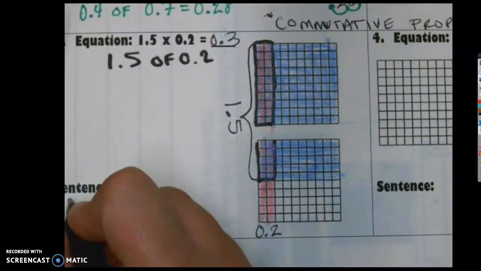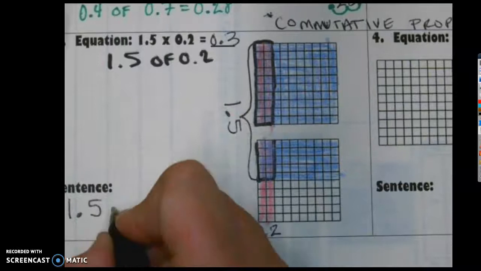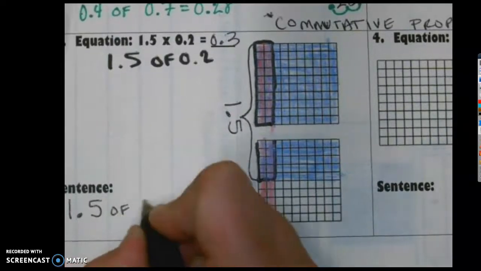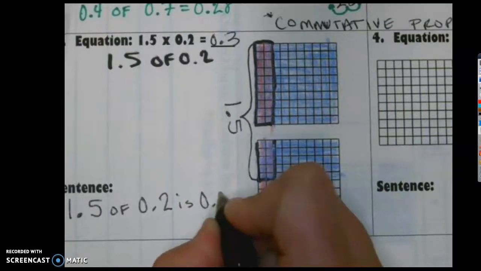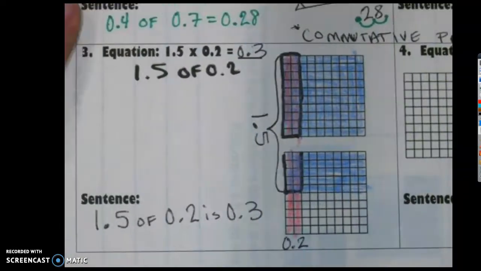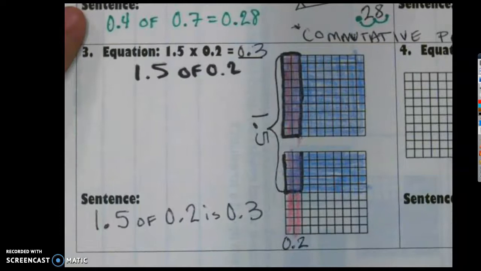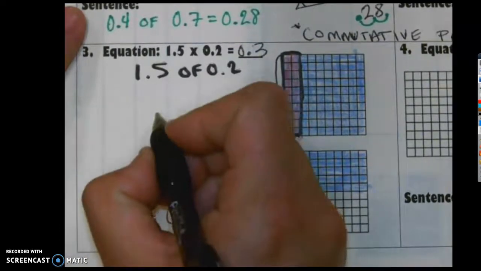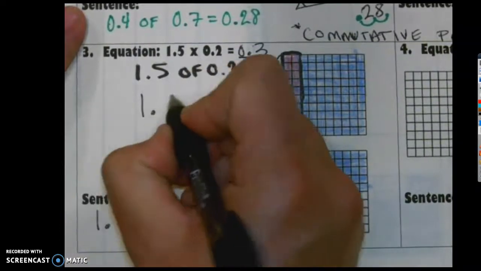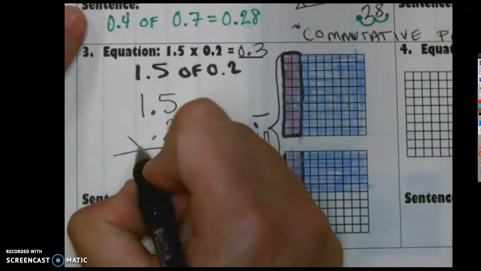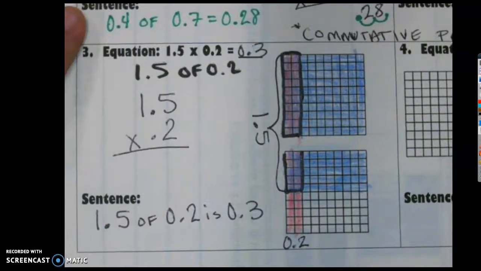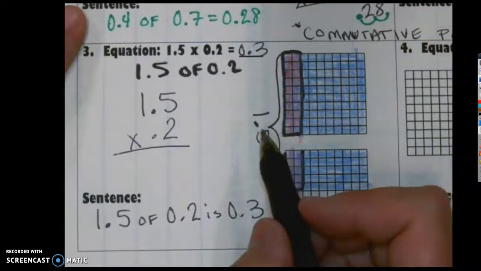So we can rewrite our number sentence right here. 1 5/10 of 2/10 is 3/10. And then let's solve it using the standard algorithm. So if I use a standard algorithm and I set it up just like so. Again, make sure you're doing the standard algorithm too, so you can see how to do it.